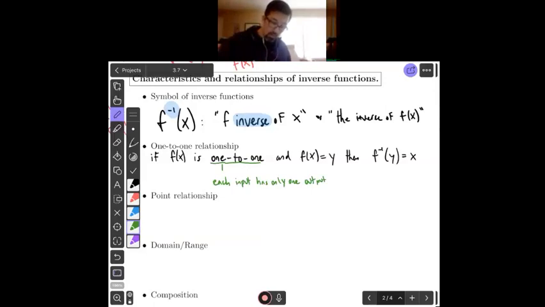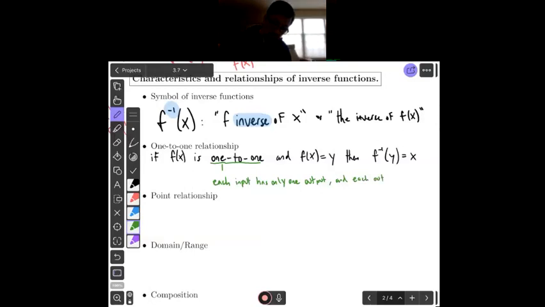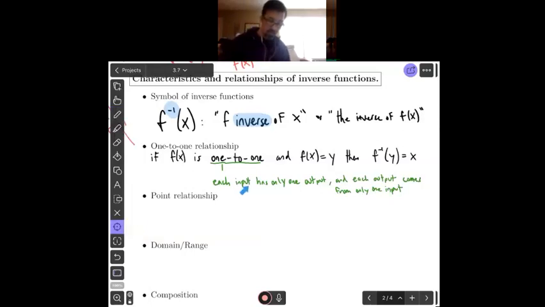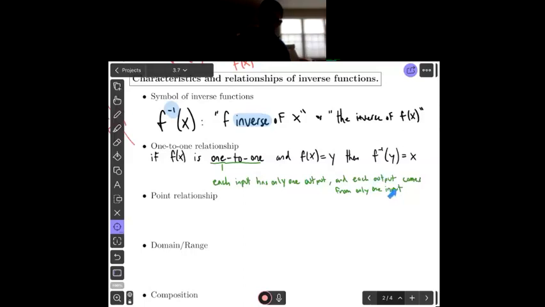Now, if you're one-to-one, each output comes from only one input. So the first part is, what does it mean to be a function? The second part is, this is a one-to-one function. Every input only has one output, and every output only comes from one input. That's why they use the term one-to-one, because it's one this way and it's also one this way.